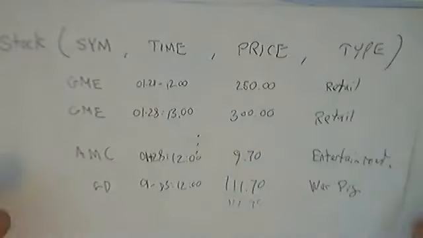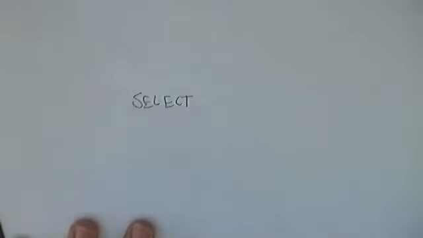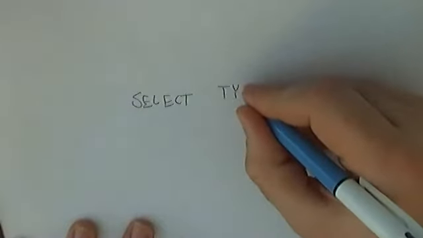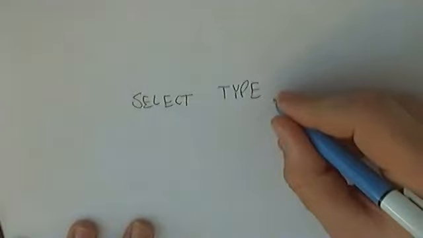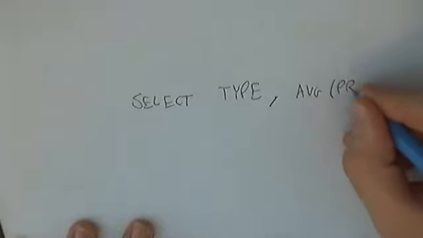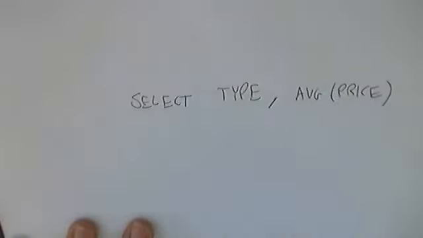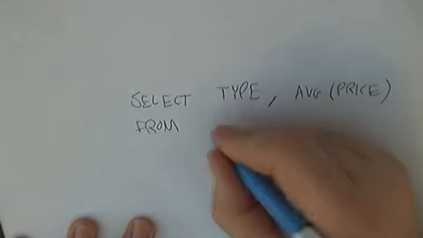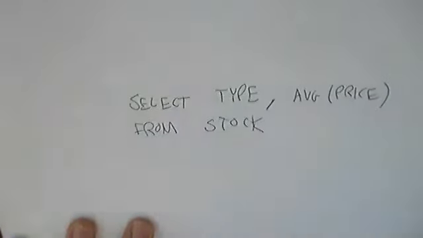Let me write that out. Here's how we're going to do it. We're going to say select type, because we want the type, and we also want the average price, from stock.